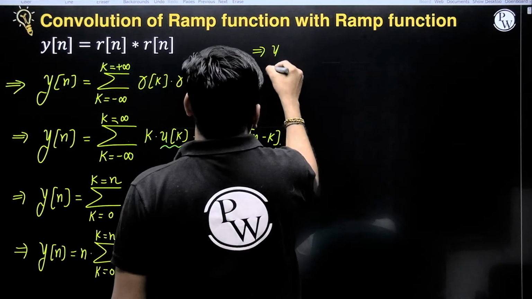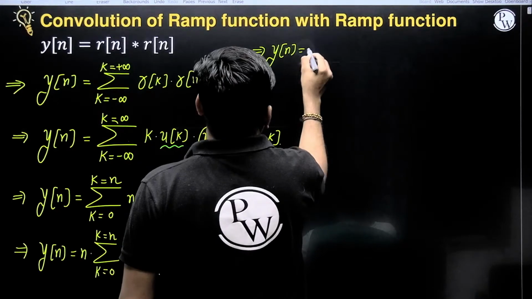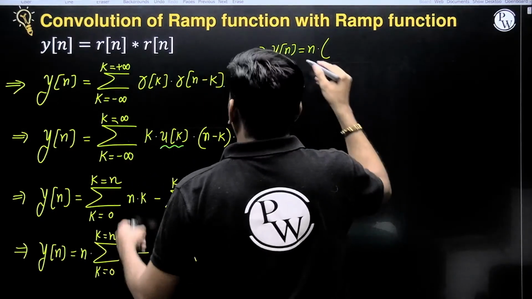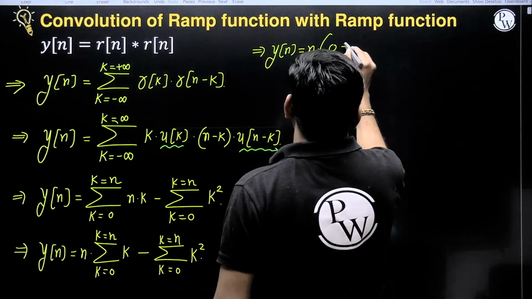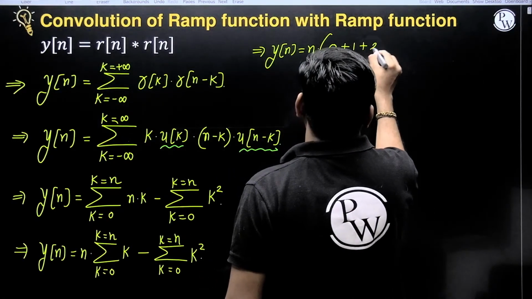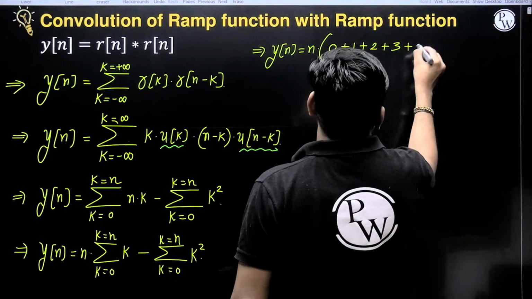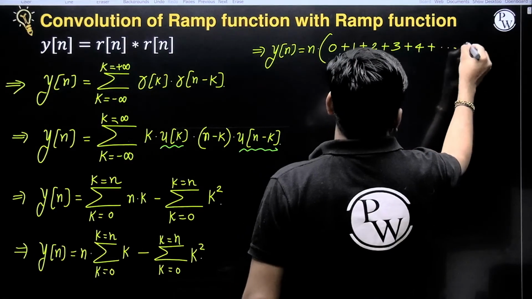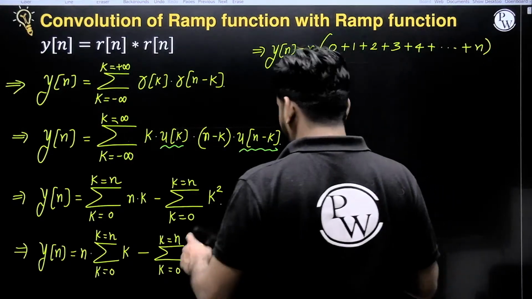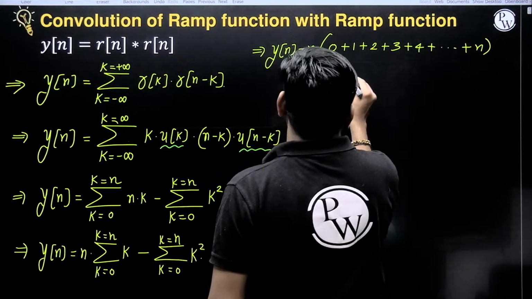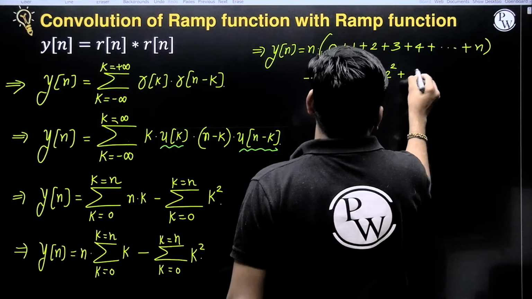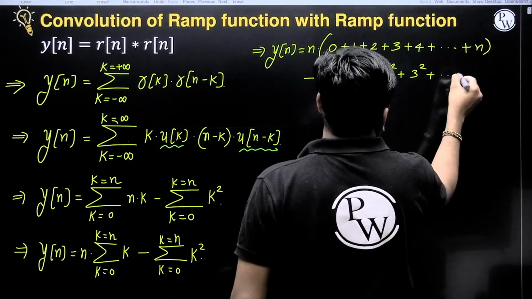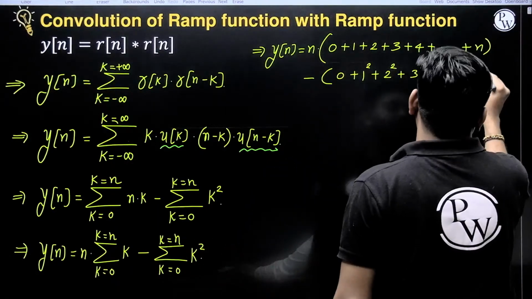Here I am writing y of n is n, and this summation, first one 1 plus 2 plus 3 up to n, minus 1 square plus 2 square plus 3 square up to n square.